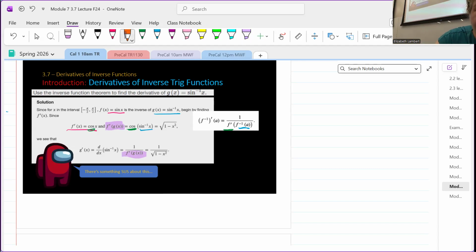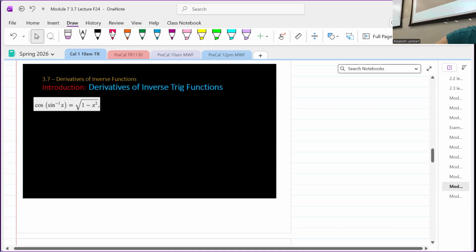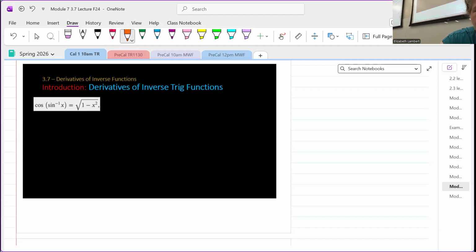So what we're going to break down next is how we went from cosine of inverse sine of x to this square rooty thing. So when I say the cosine of the inverse sine of x, inverse sine of x is a placeholder for an angle.